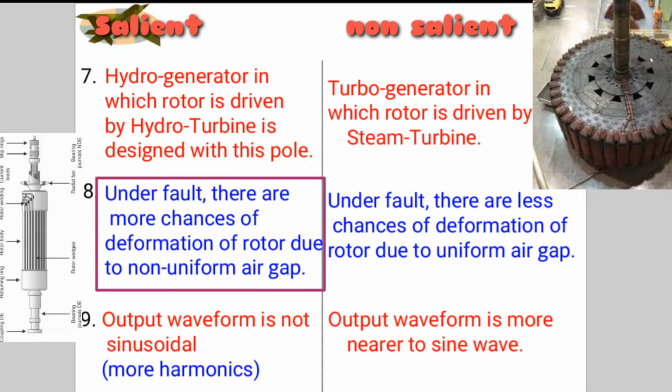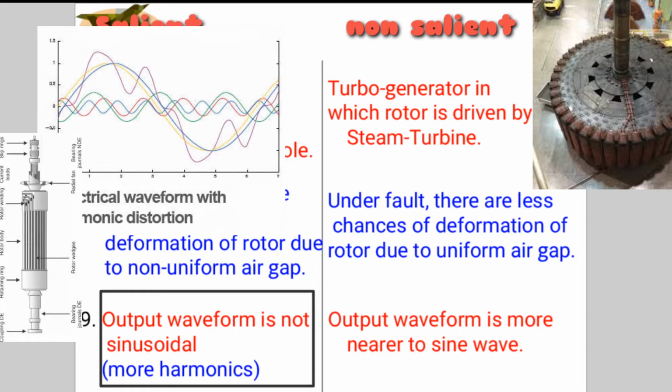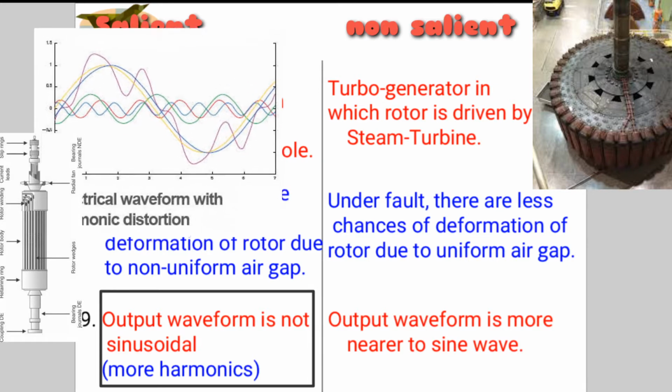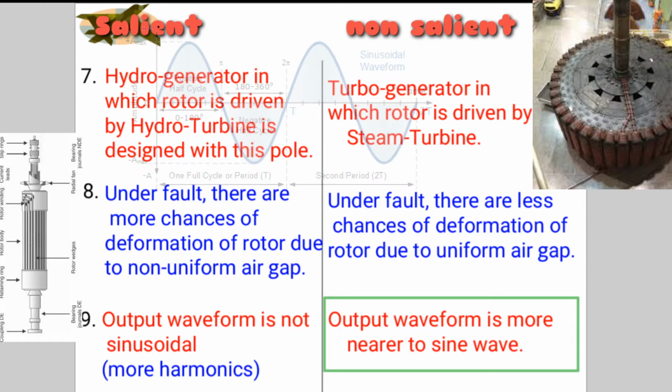Under fault, there are more chances of deformation of the rotor due to non-uniform air gap. But in a turbo generator under fault, there are fewer chances of deformation of the rotor due to uniform air gap. Output waveform is not sinusoidal, with more harmonics, while in cylindrical the output waveform is nearer to a sine wave.